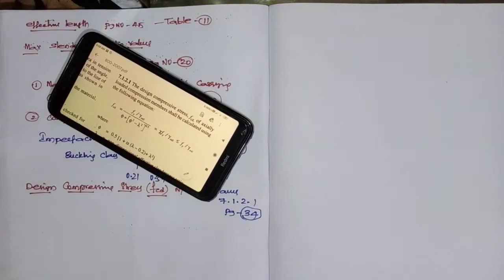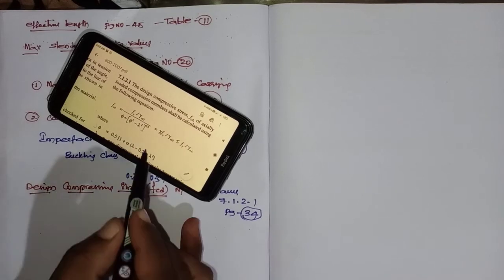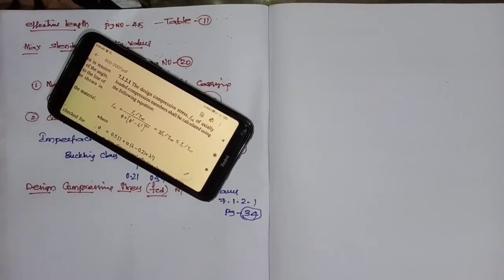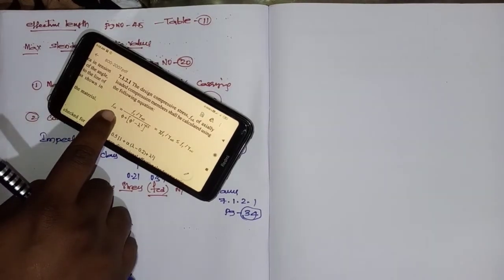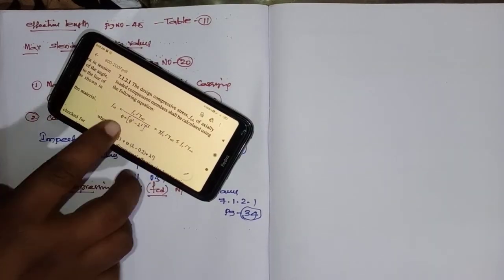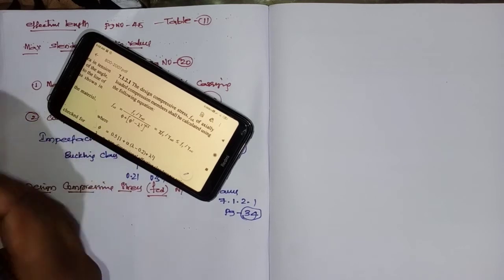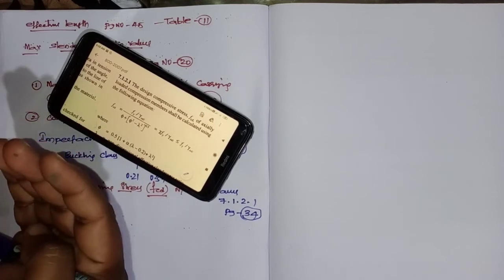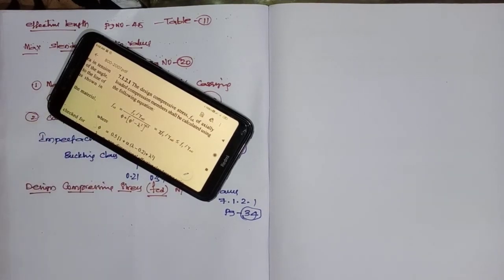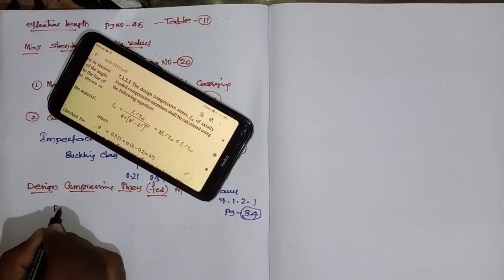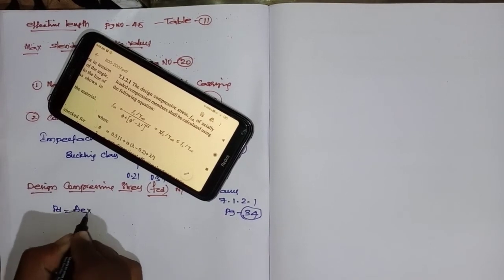Don't panic by seeing this formula, even though it is in the code book. Earlier we used this formula for calculating the FCD value to calculate the strength of a compression member. What is this? PD equals Ae into FCD.